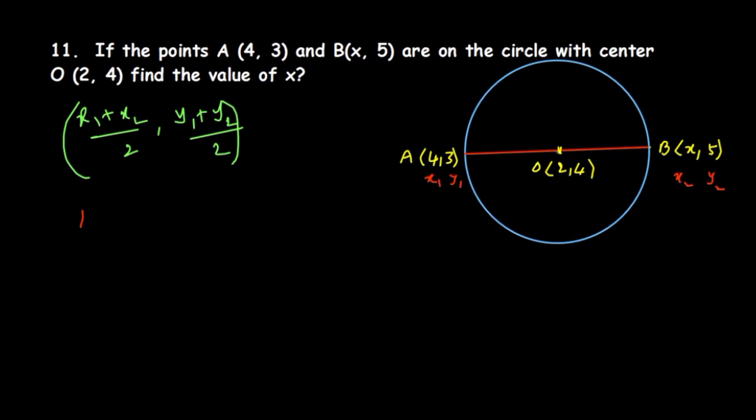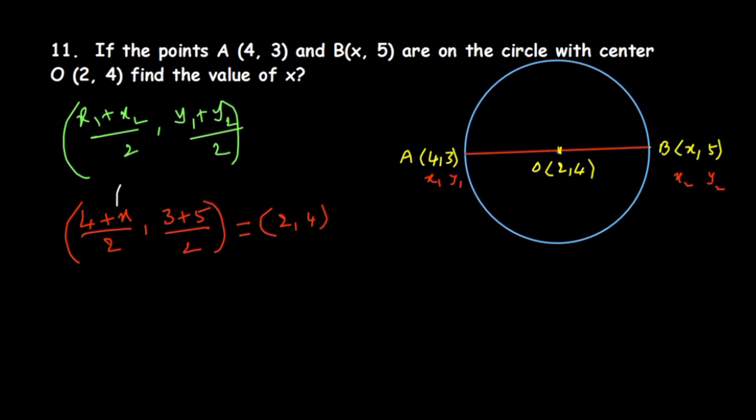Now using this, x1 plus x2 means 4 plus x by 2, comma, y1 plus y2, this is (3 plus 5)/2, equal to the center (2, 4).